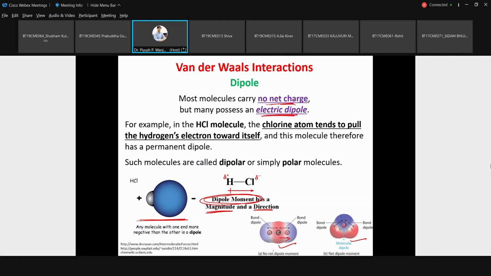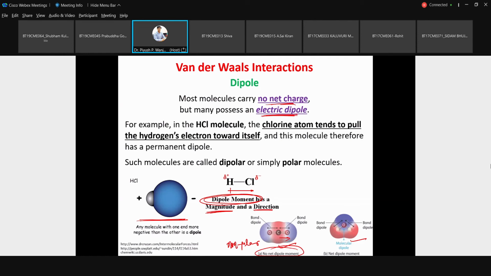So there is actually no net dipole moment. What we call this kind of molecule is a non-polar molecule.